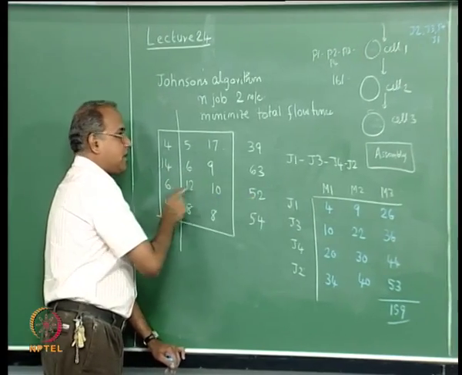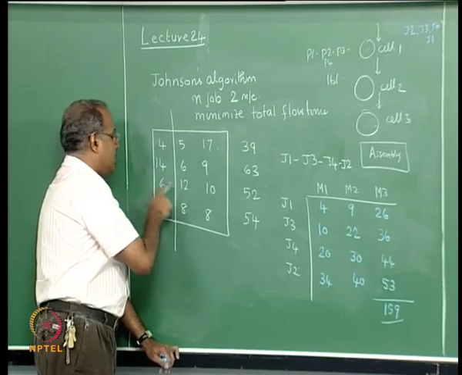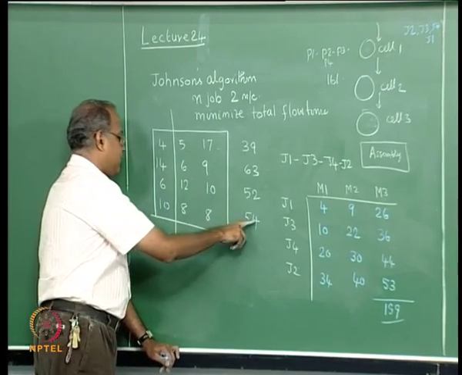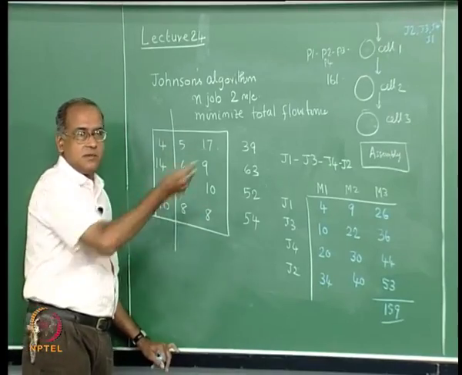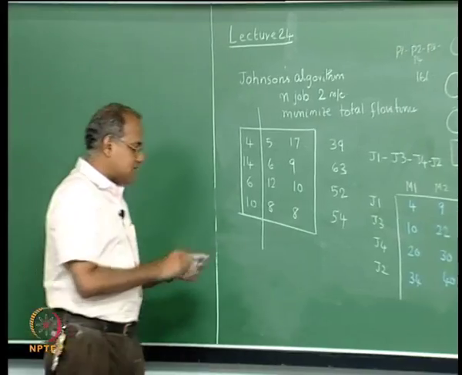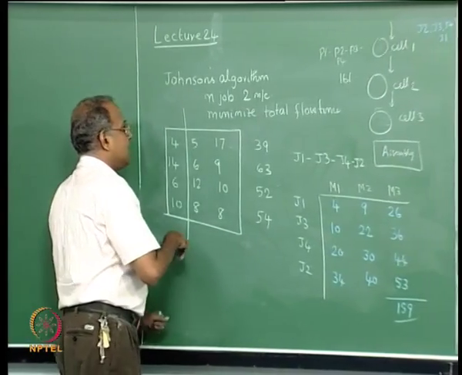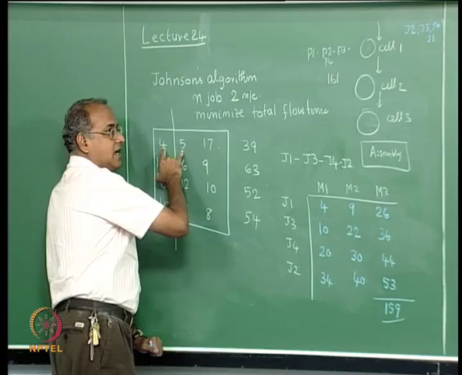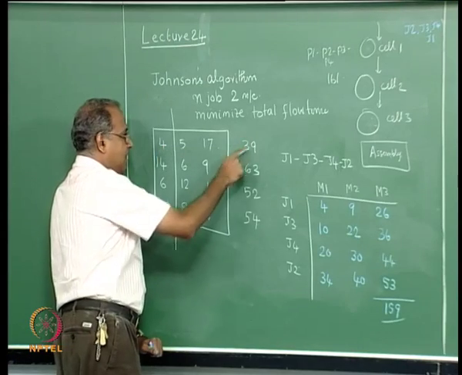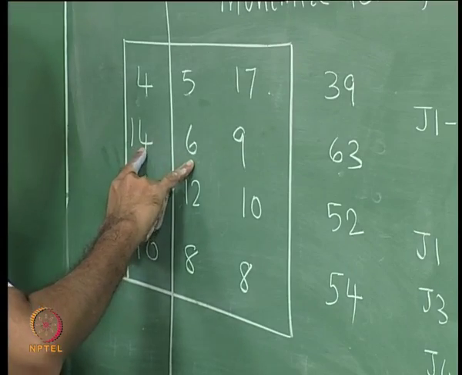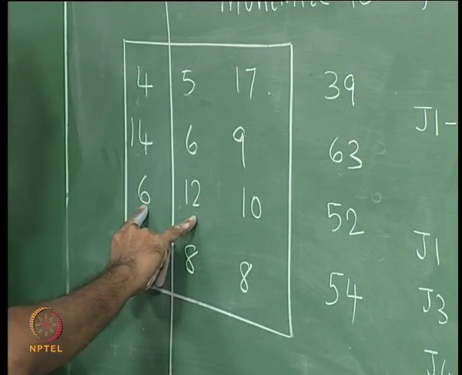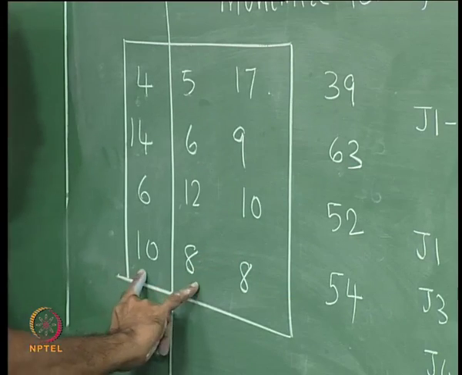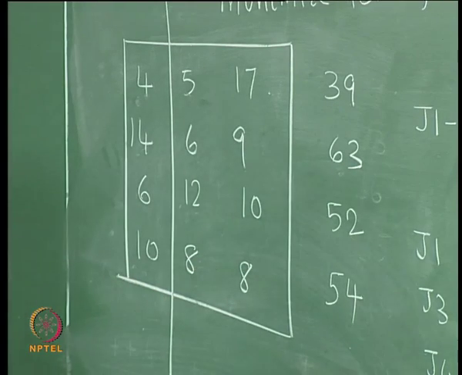For the third one, 52 minus 12 minus 6, 46, and 54 minus 10, 44, we get the same sequence and the same solution. And the last one would be to look at 39 minus 9, which is 30, 63 minus 20, which is 43, 52 minus 18, which is 34 and 54 minus 18, which is 36. Once again we get the same solution.